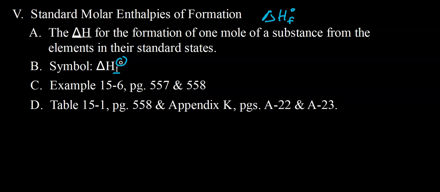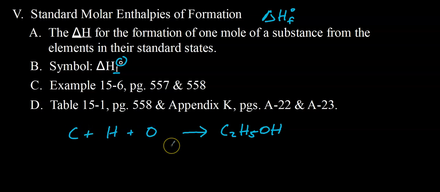So you are producing, again, synthesis reaction, you're making, in this case, ethanol. And so the reactants are the elements that combine to make this. So we have carbon, we have hydrogen, and we have oxygen.